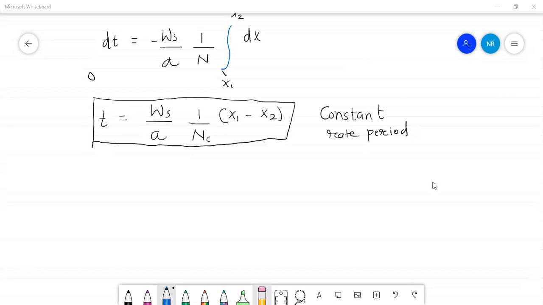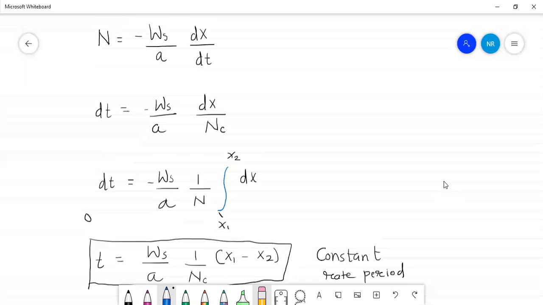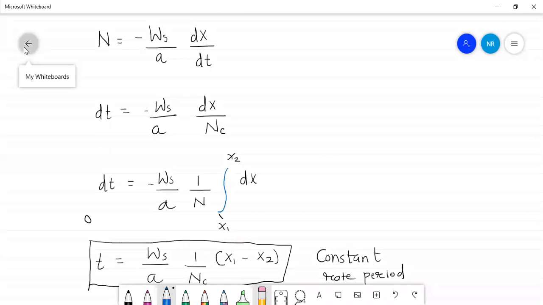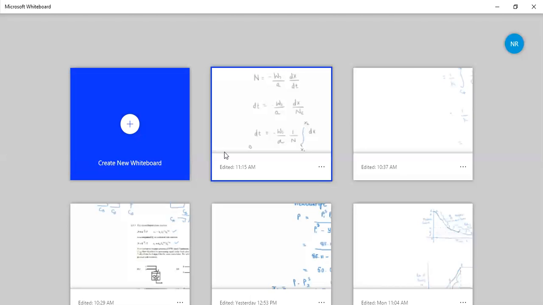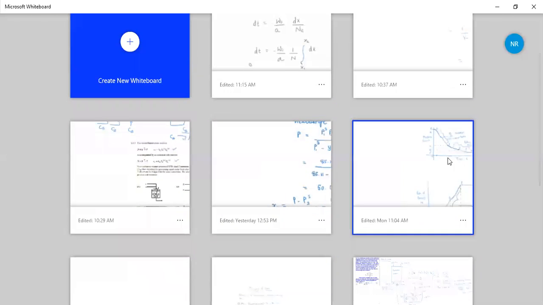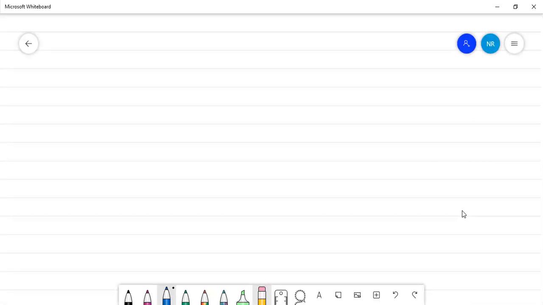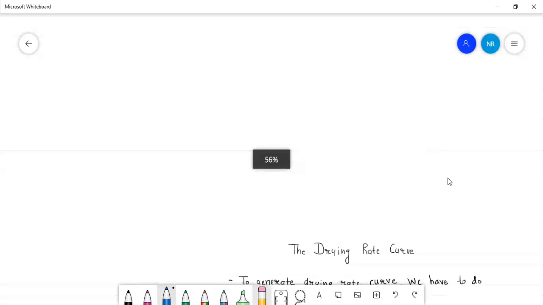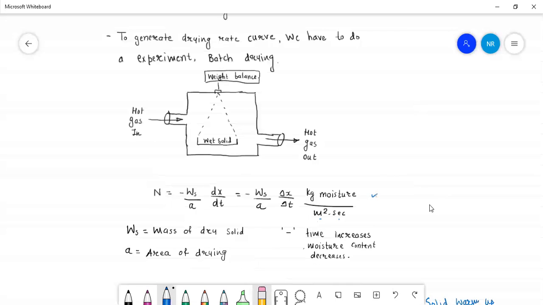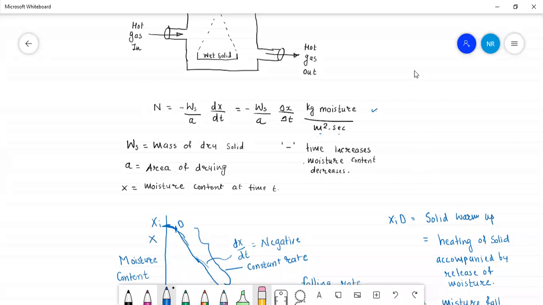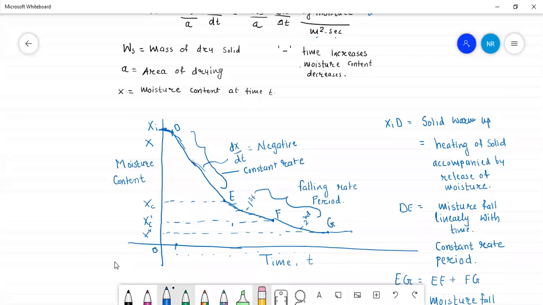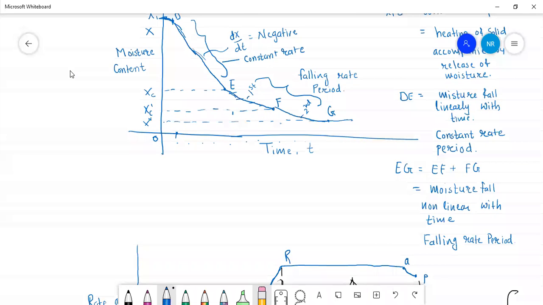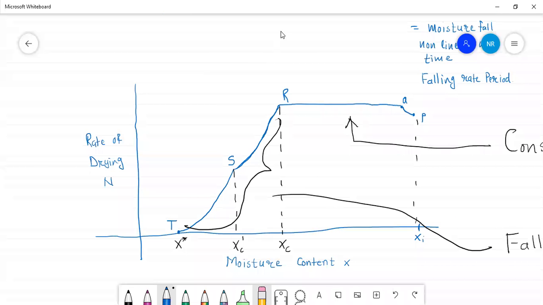Last time we drew a curve of moisture content versus time, and we also drew a rate of drying versus moisture content.